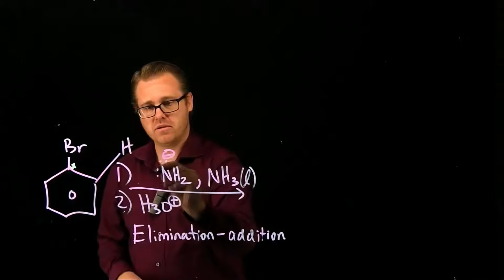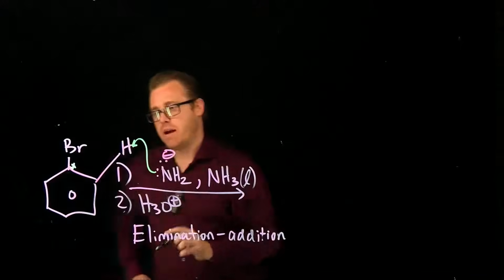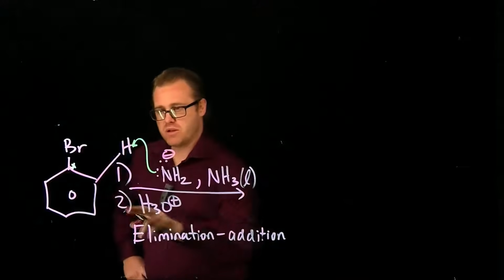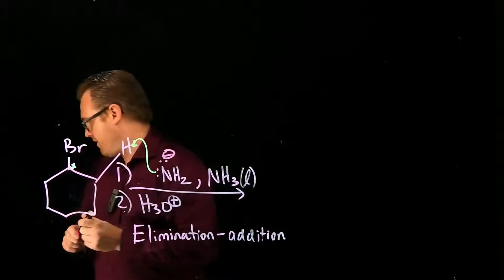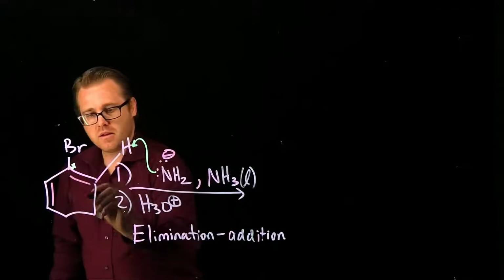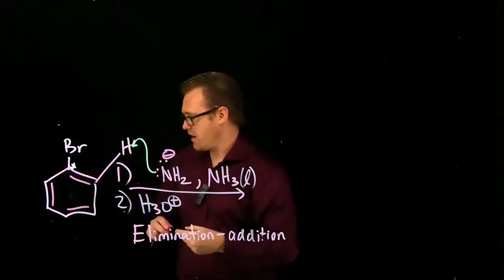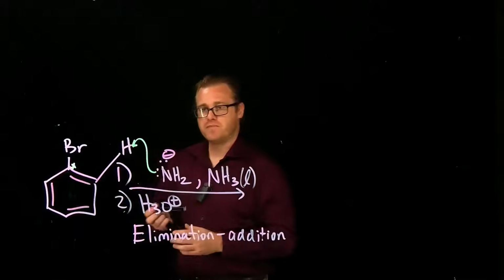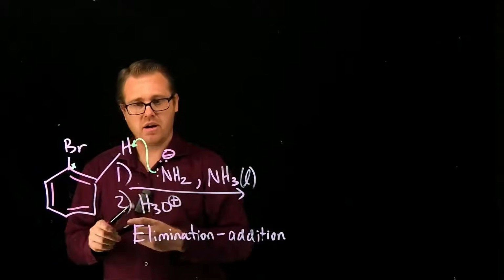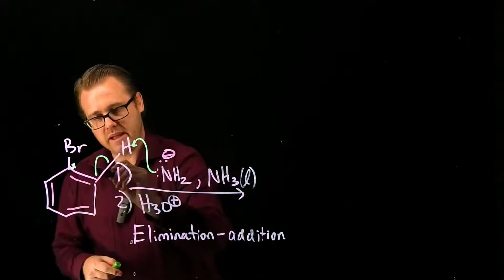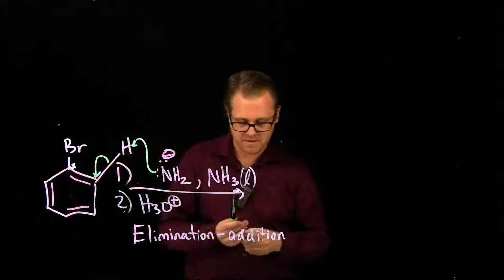That's what bases do. Okay. Now, where are those electrons going to go? Well, let's draw this out first. I like that. Look at what happens here. It's going to take these electrons right here and place them on that carbon like that.